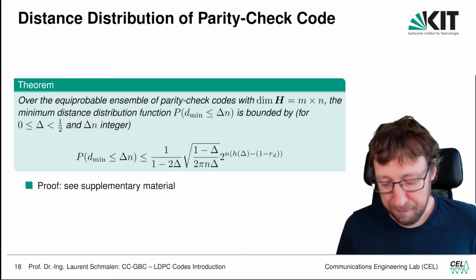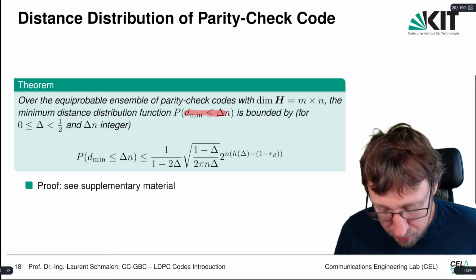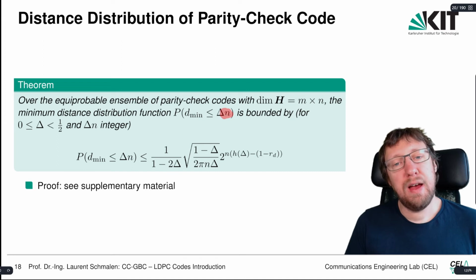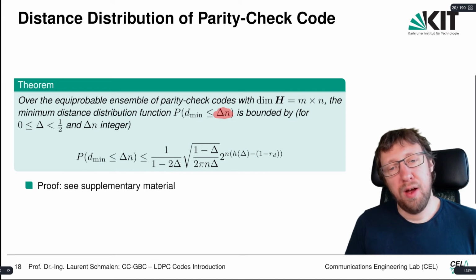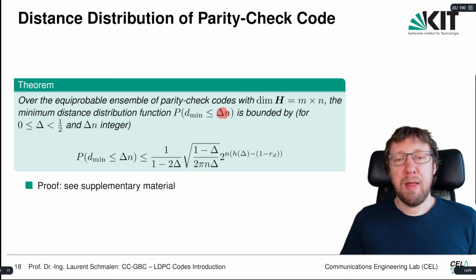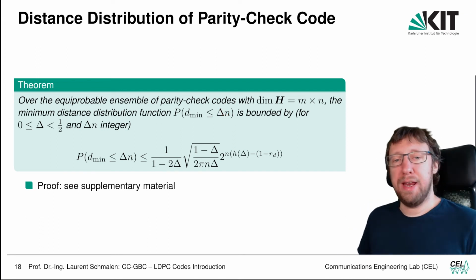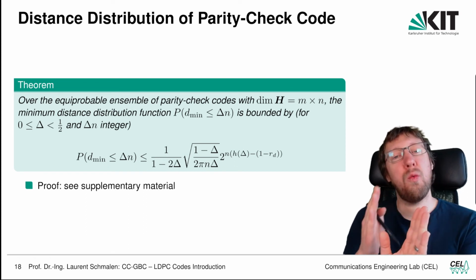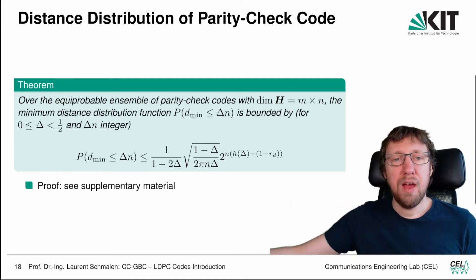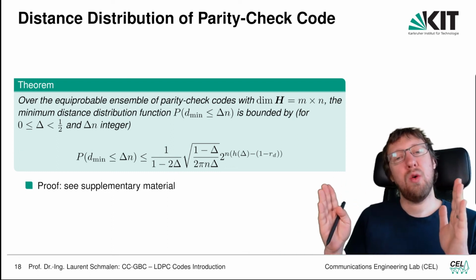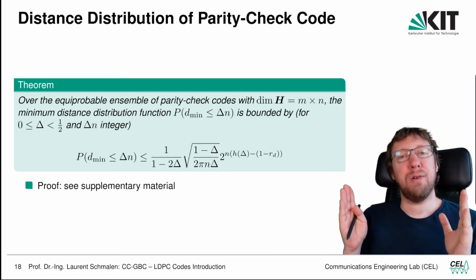So yeah, let's take a look at this. What does this mean? Why do we want this to be a fraction of n? We want the minimum distance to grow with n, because if we double the size of our code, we also want to double the number of correctable errors.